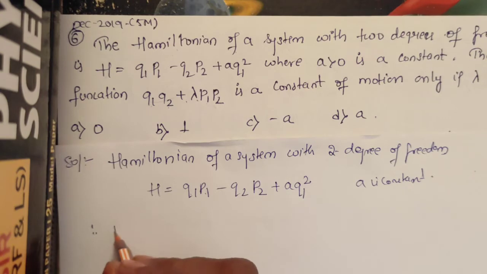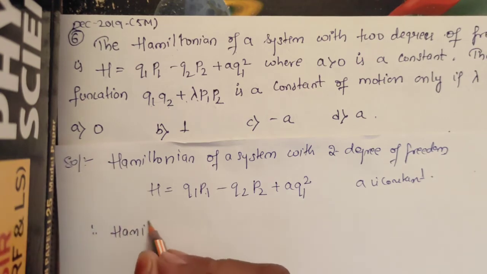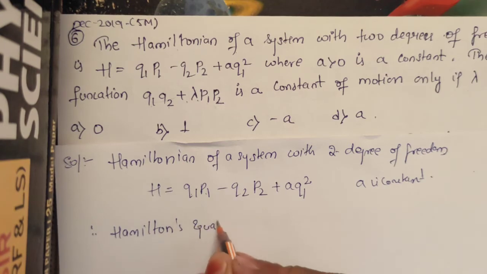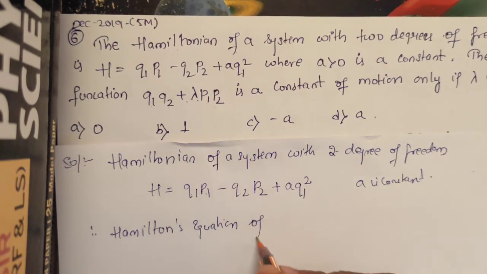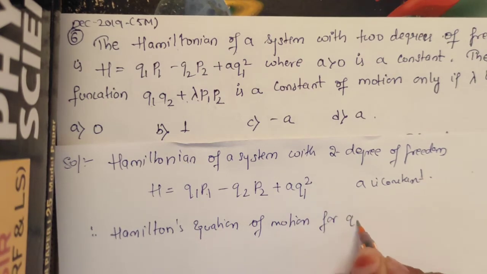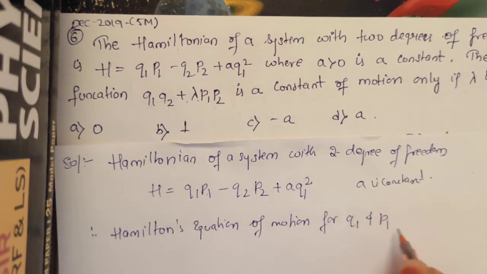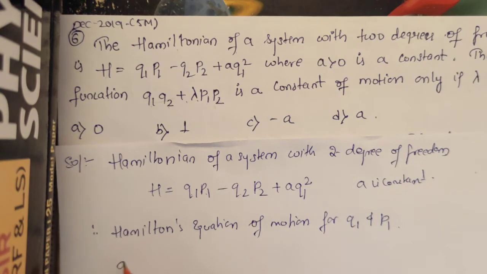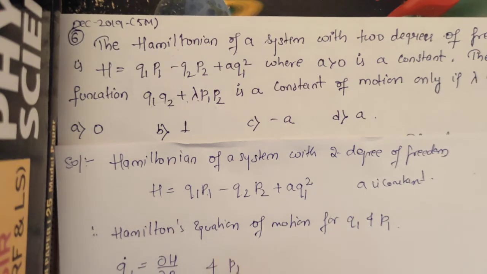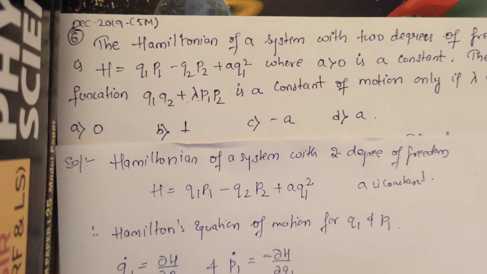Therefore, Hamiltonian's equations of motion for Q1 and P1, we have a standard formula, that is Q1 dot is equal to dou H by dou P1 and P1 dot is equal to minus dou H by dou Q1.